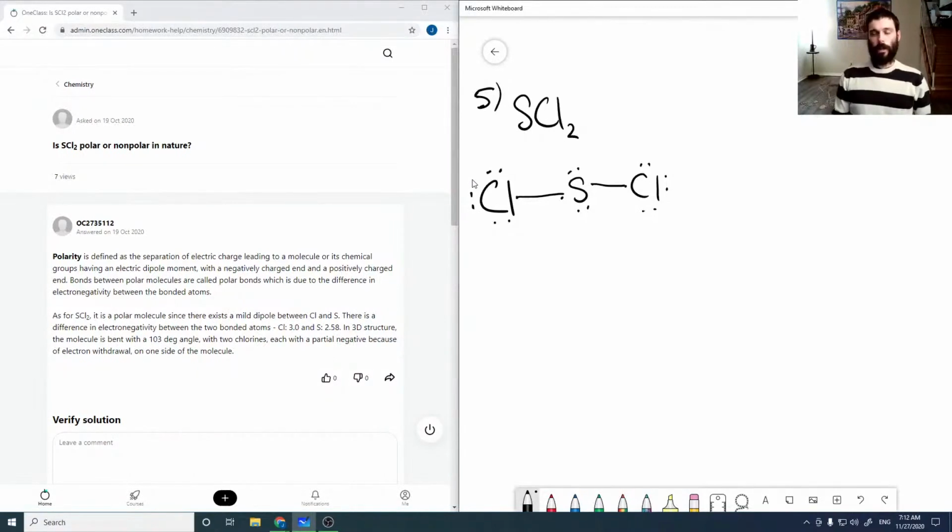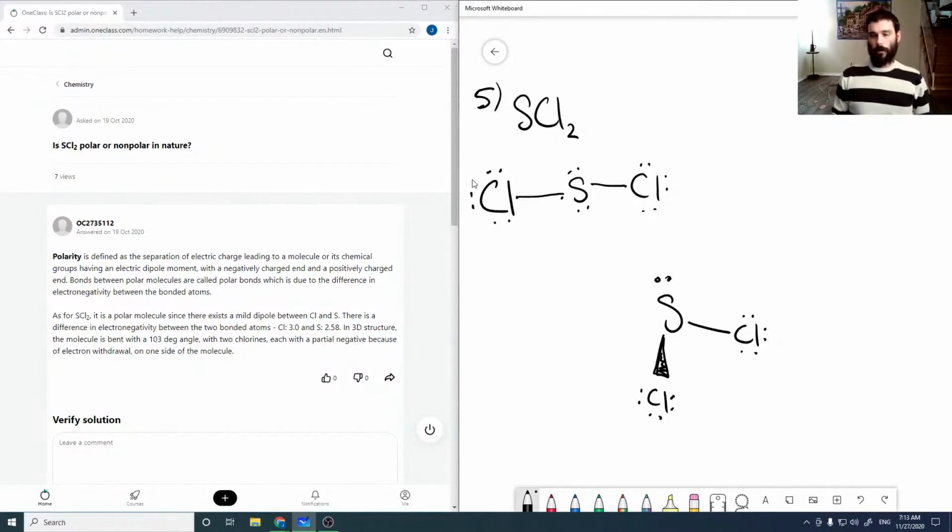So now when we draw the actual structure, the bonds and the lone pairs are going to take up a tetrahedral structure. And so the actual structure will look something more similar to this, where I'm using these wedges to show that they're coming into the page.